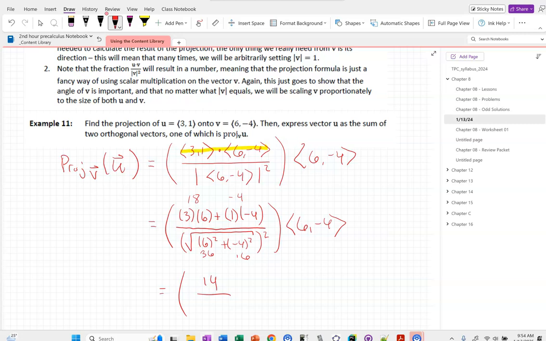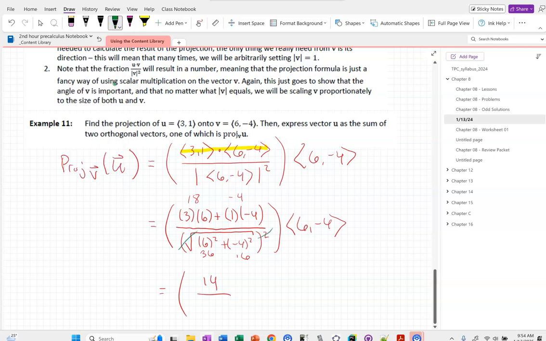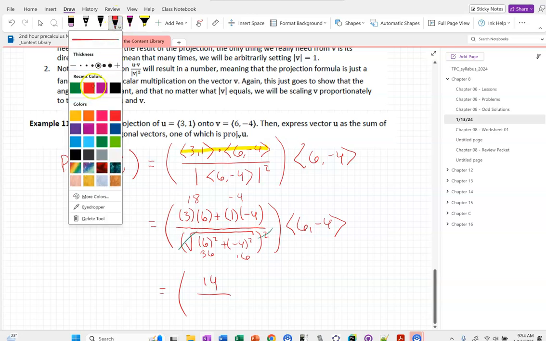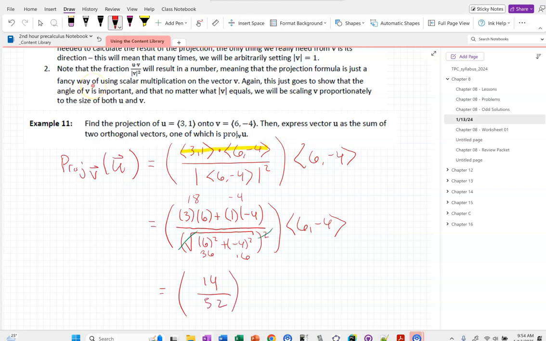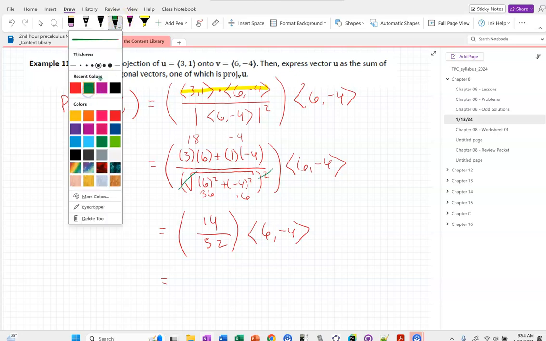So that's going to be the square root of 52, but notice that that's also squared, so the square root and the squared can just cancel each other off. Is everybody okay so far? All right. So this can reduce. I'm going to do that now.